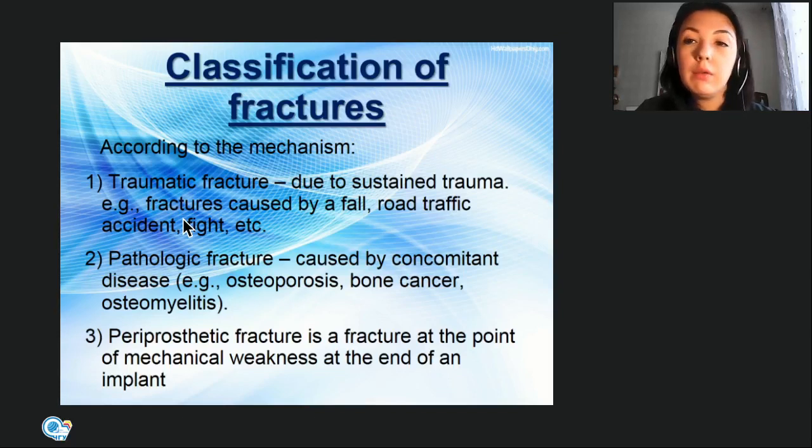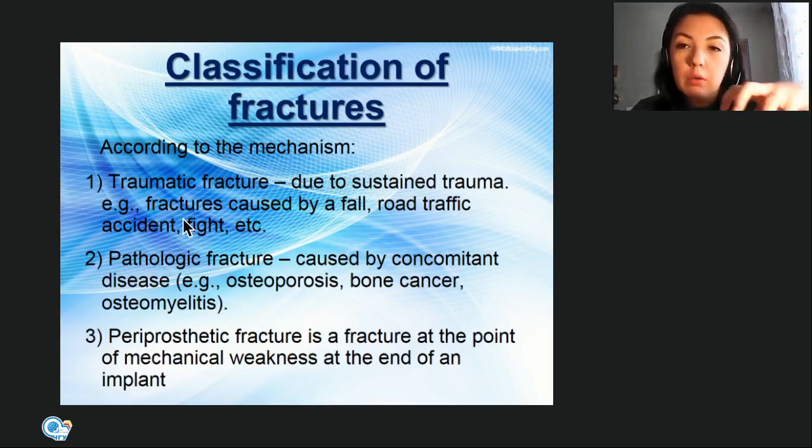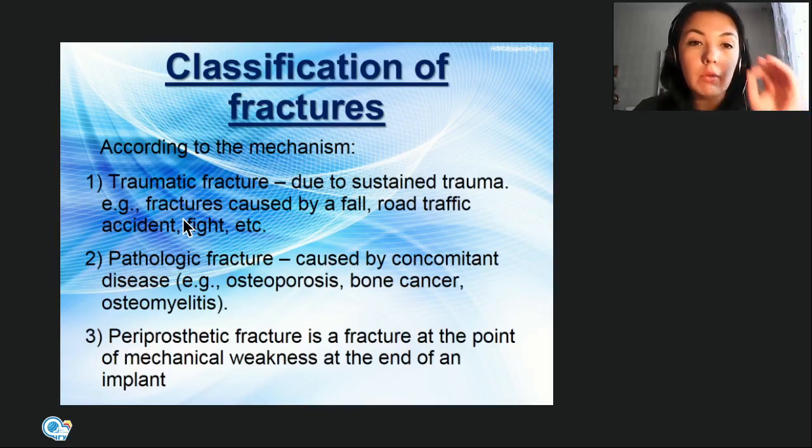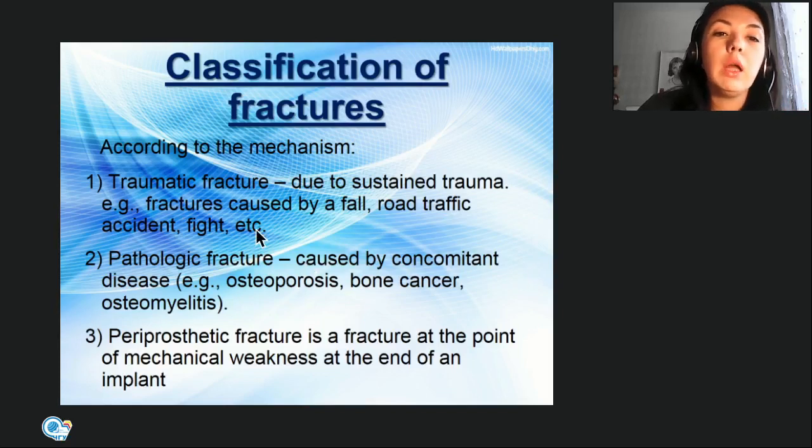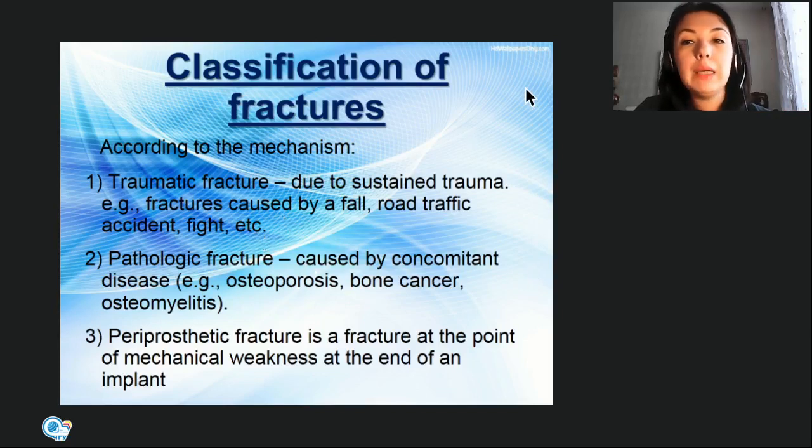We know that in elderly women after 50 years old there is osteoporosis due to menopause. The level of calcium in the bones falls and bone density decreases, and that's why even a small trauma may cause a fracture, in cases in which in young people such a fracture wouldn't occur. Bone cancer and osteomyelitis can also be the cause of a pathologic fracture.